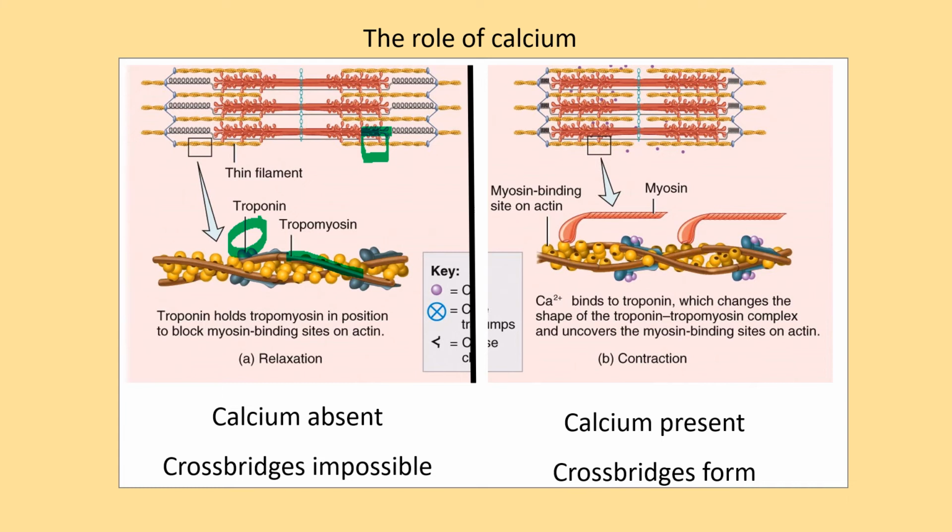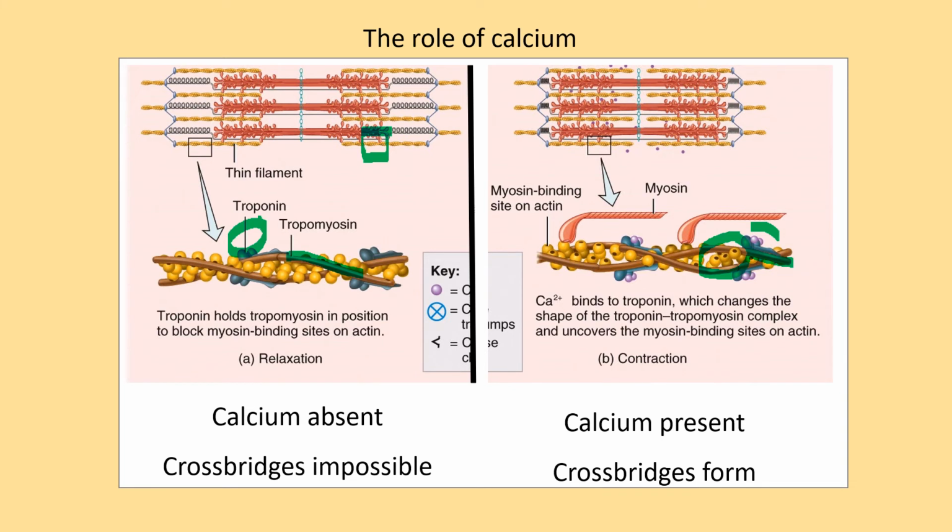The thick filaments can't bind to the thin filaments. All right, let's move over to the panel on the right, where now you can see calcium is represented by these little purple balls, and calcium binds to troponin. When calcium binds to troponin, the tropomyosin, the whole wheat spaghetti, rotates out of the way, and now we have exposed myosin binding sites on actin. So those little brown dots are the myosin binding sites on the actin molecule.